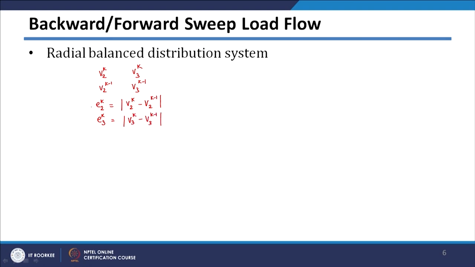So in the kth iteration we are getting these 2 errors here. Then to get the maximum error at kth iteration, I can say E max, which will be equal to the maximum of E2k and E3k, means you have to get the maximum value of errors from all the errors.